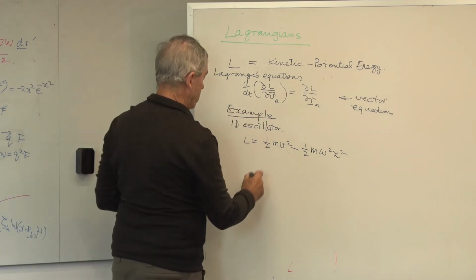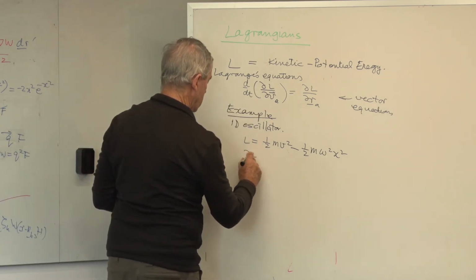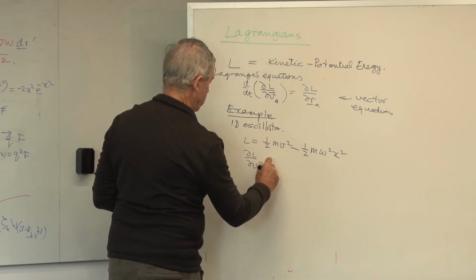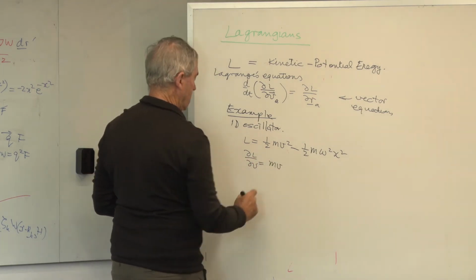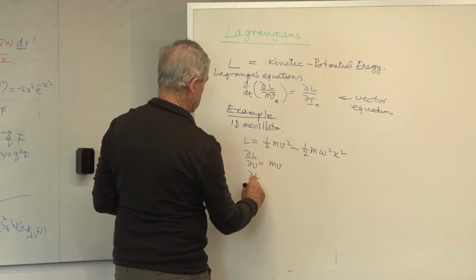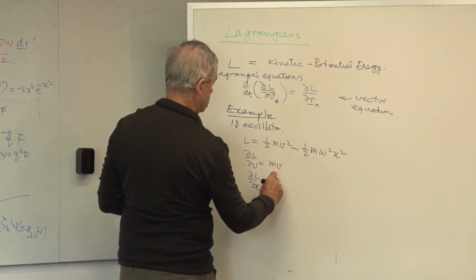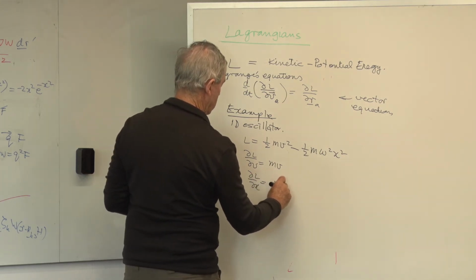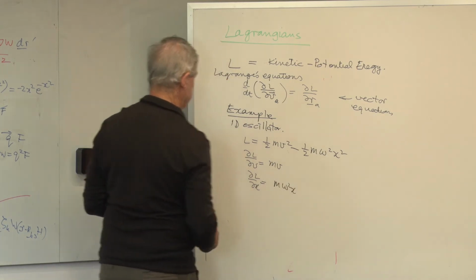So there's only one component here. dL/dv is equal to m v. dL/dx is equal to m omega squared x.